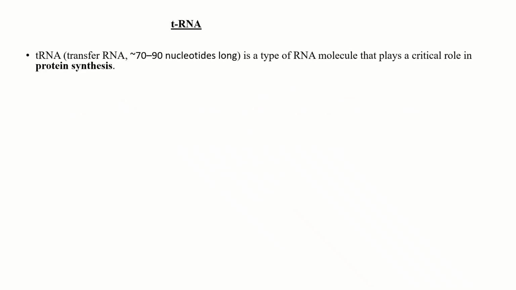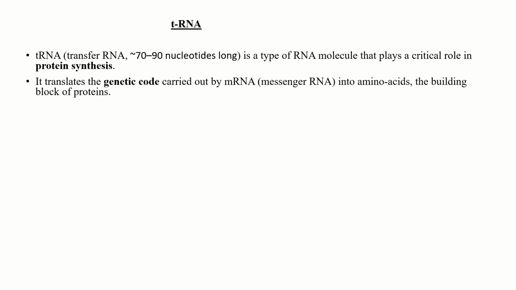tRNA, as the name transfer RNA suggests, is approximately 70 to 90 nucleotides long and plays a crucial role in protein synthesis. It translates genetic codons present in the mRNA into amino acids, thereby building proteins.